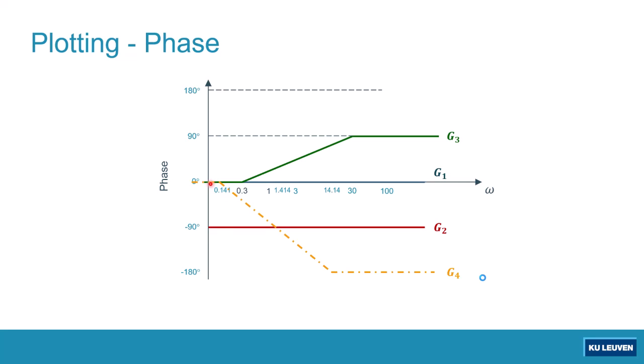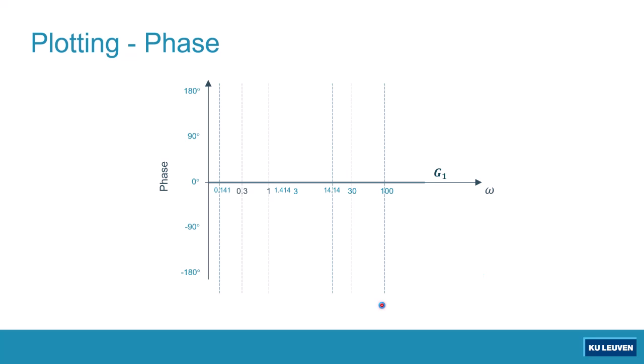I will also have 0 degrees from G3, I also have 0 degree from G4. Therefore, if I superpose all of these 4 phase plots at low frequency region until 1 decade below the first corner frequency, or until 0.1414 radian per second, I will have negative 90 degrees line.